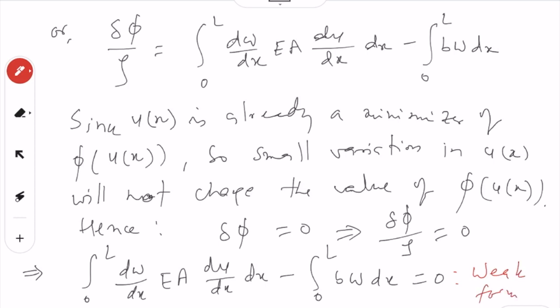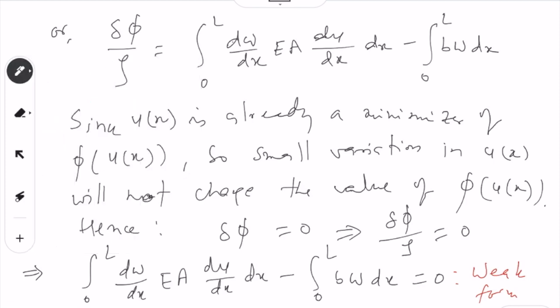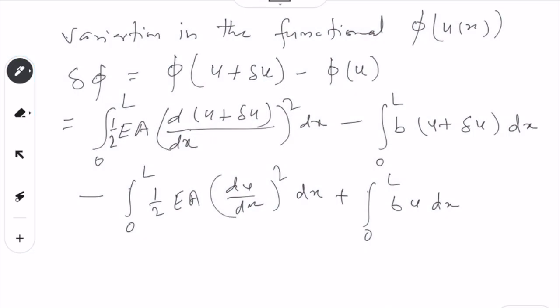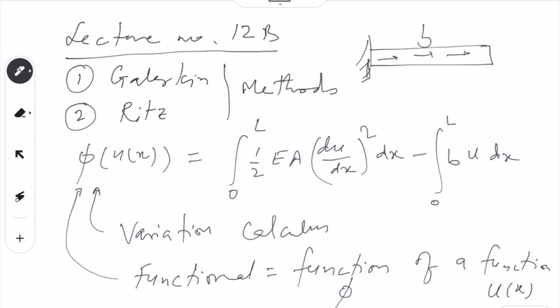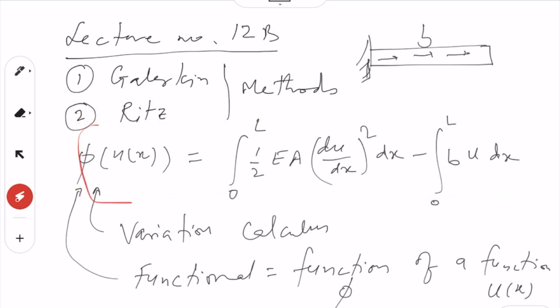So, what you see here is actually there is no difference between our equation in the form of potential energy, like this one, this, and the weak form. So, this is actually, you derive this, energy method basically.